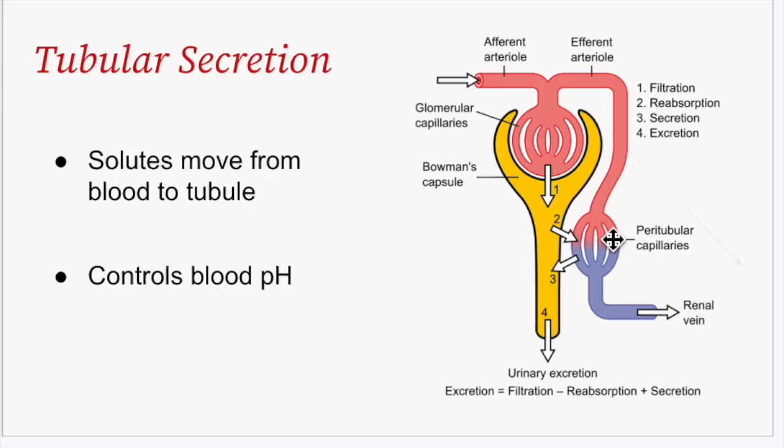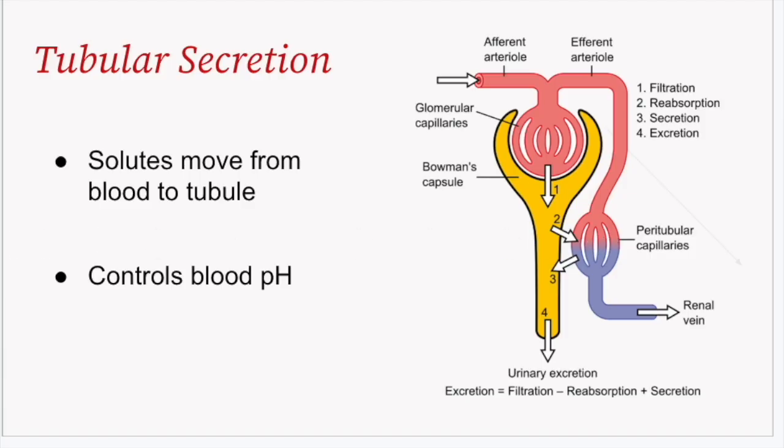So solutes can move from the capillaries back to the tubule, any solutes that are in excess. This is also a mechanism of controlling blood pH. So tubular secretion is the movement from the capillaries to the tubule. Tubular reabsorption is the movement from the tubule to the capillaries.